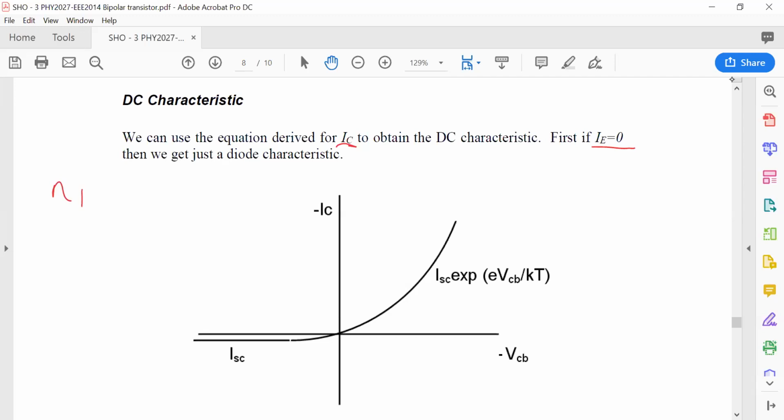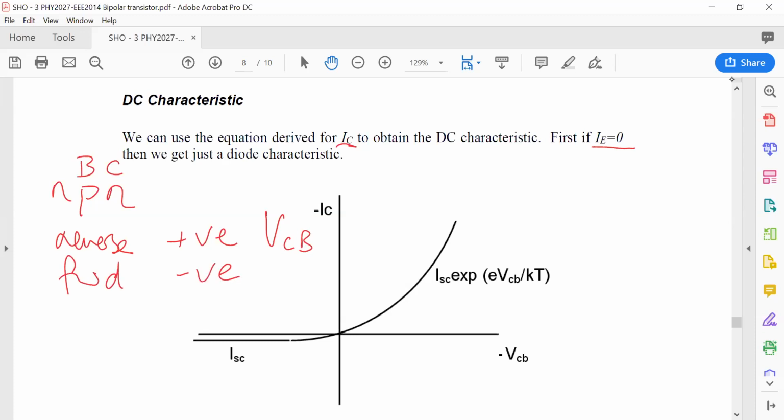If you remember, we've got an NPN transistor where the base is P-type and the collector is N-type. In reverse bias, we apply a positive voltage to the collector base, and in forward bias, we apply a negative voltage to the collector base. What we're showing here is minus VCB, so we're showing the reverse saturation current, because this is applying a negative voltage.